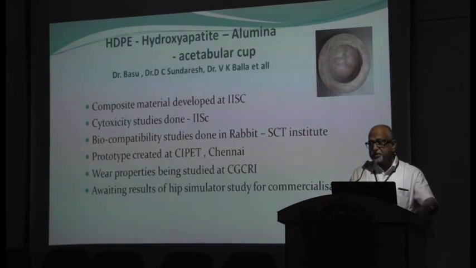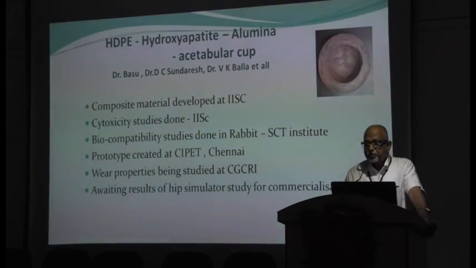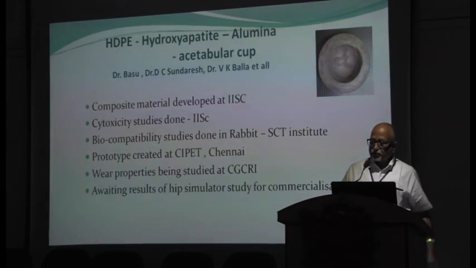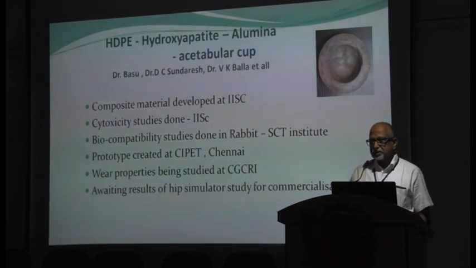The good part is that the linear wear test properties and the surface smoothness of the acetabular cup prototype have been very encouraging, and we are awaiting results of the hip simulator tests before it can be taken to the next step.